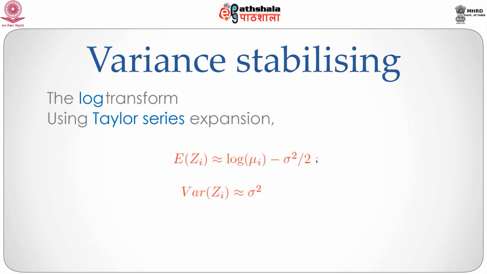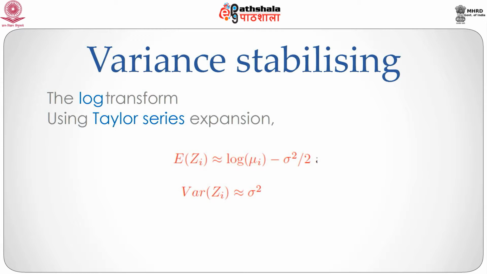Taking expectation, we see that expectation of zi is approximately log mu i minus half sigma square. According to a first order Taylor expansion, expectation of zi is approximately log of mu i, which means that it is possible to show that expectation of zi squared is approximately log mu i whole squared plus sigma squared.